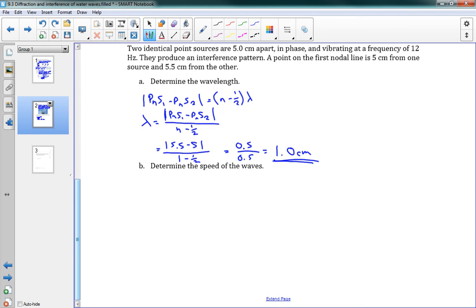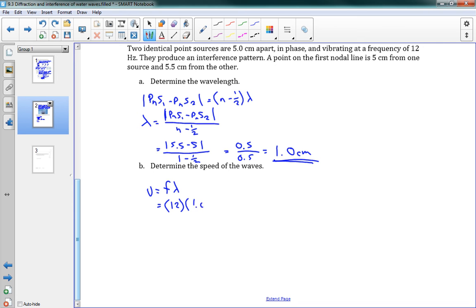Okay, we want to determine the speed of the waves. Well, to do that, we can just use v equals f lambda, and they gave us the frequency as 12 Hertz, and our lambda. I'll leave it in centimeters.